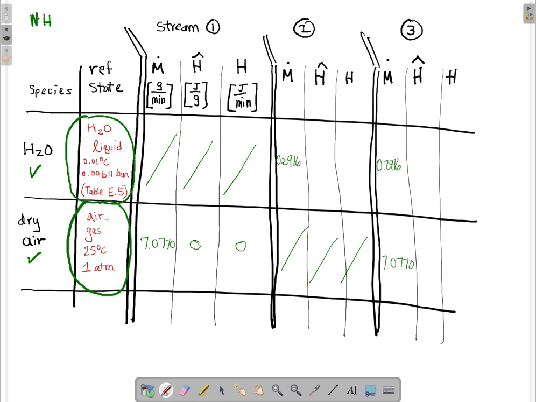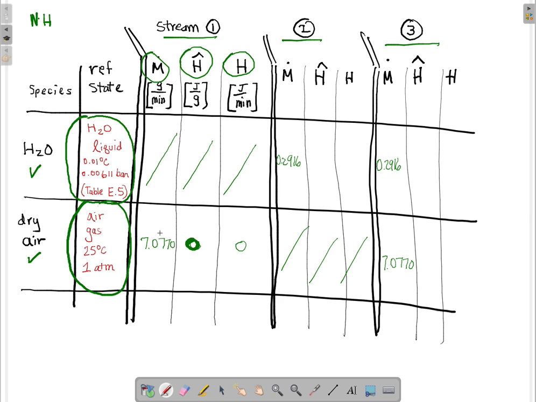Okay, so for air, I'm going to pick the state of the air as we breathe it in. So that allows me to go over here and say that the specific enthalpy of air is 0. And so, as you can see, I have a set of 3 columns for each stream. And for each stream, I'm keeping track of the mass flow rate, the specific enthalpy of each species, and the total enthalpy of each species.